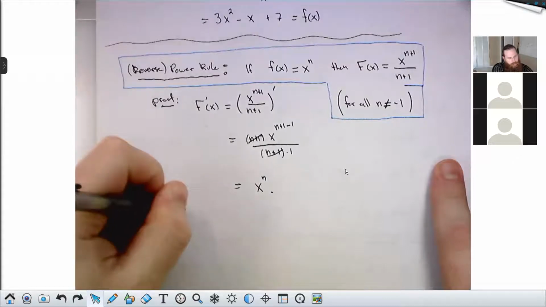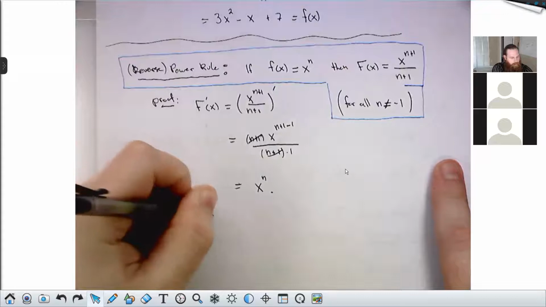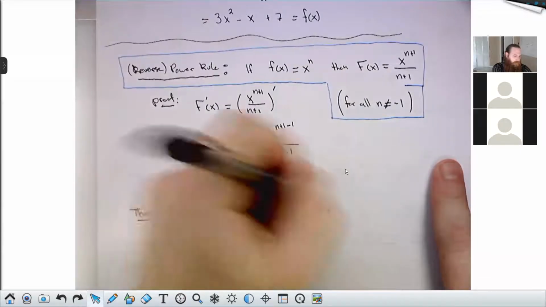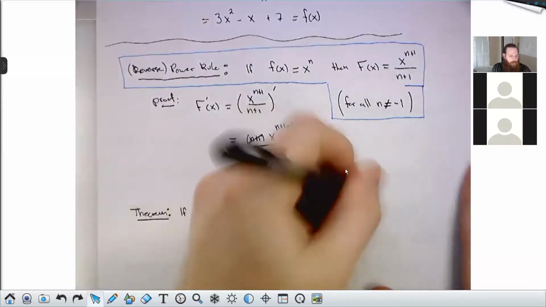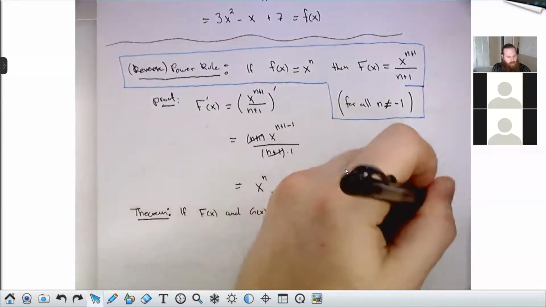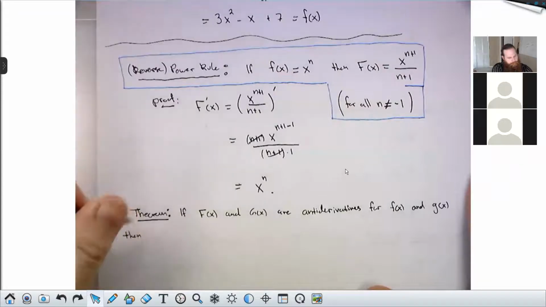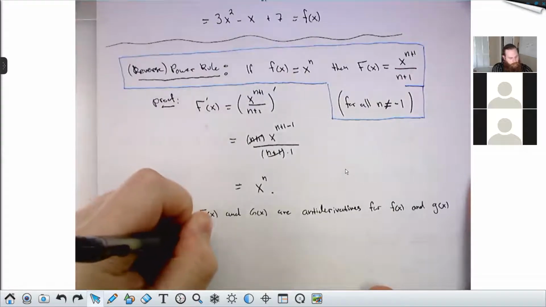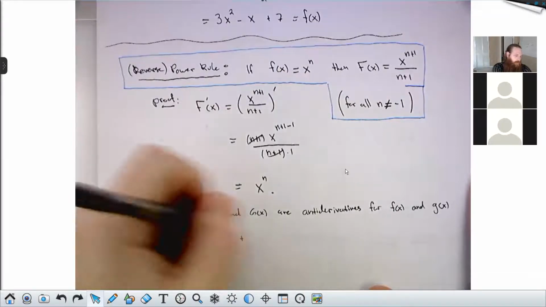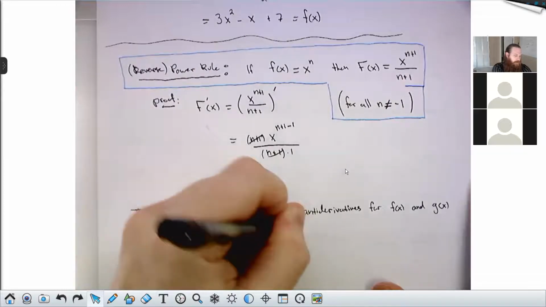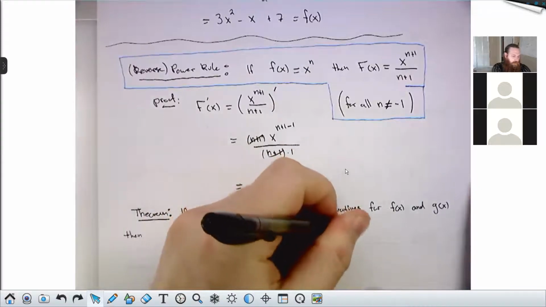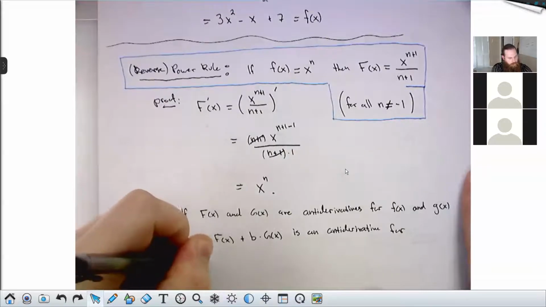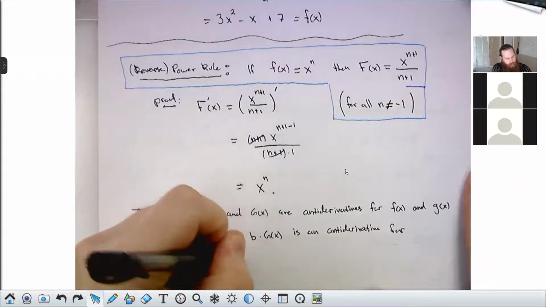So if capital F and capital G are antiderivatives for little f and little g, then call it capital H, a constant a times capital F of x plus little b times capital G of x, is an antiderivative for little h, which is the name I would give to a times little f plus b times little g.